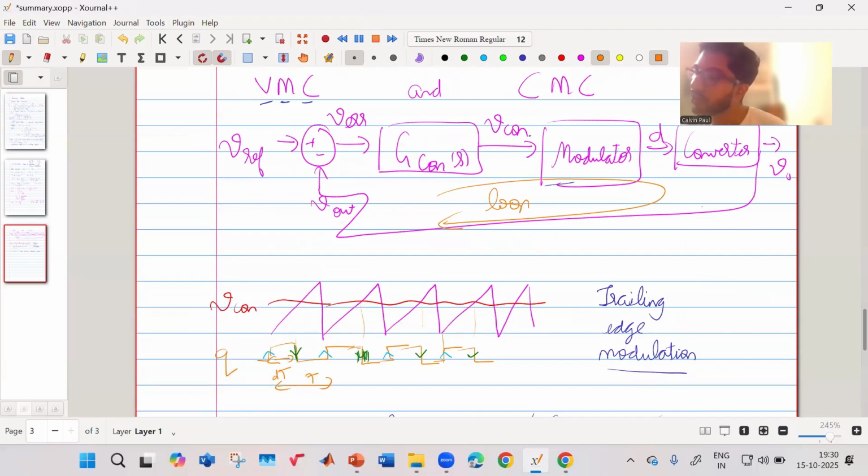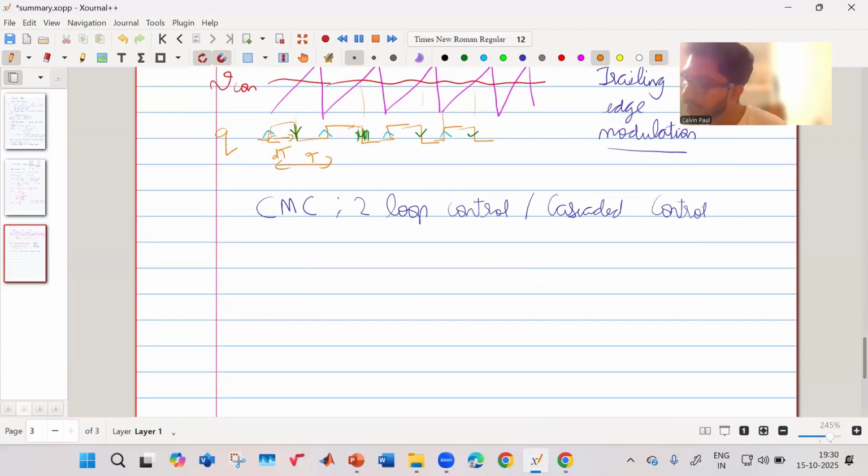Now we have to go for current mode control. So how do we draw current mode control? Here also you have your reference. Your reference will be there in both voltage mode control and current mode control, because your main focus is you want to maintain your output voltage at some fixed desired value, right?